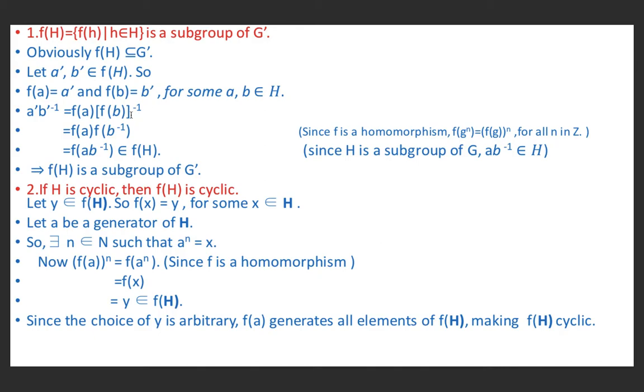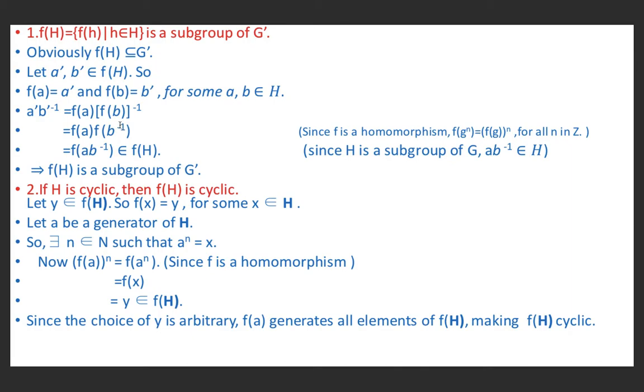But we know by the property of homomorphisms that f(g^n) is equal to f(g) raised to n for all n in Z. All n in Z means this property is satisfied for positive integers, negative integers as well as 0. So if we put n equal to minus 1, then f(g inverse) is equal to f(g) inverse. So f(b) inverse can be written as f(b inverse).